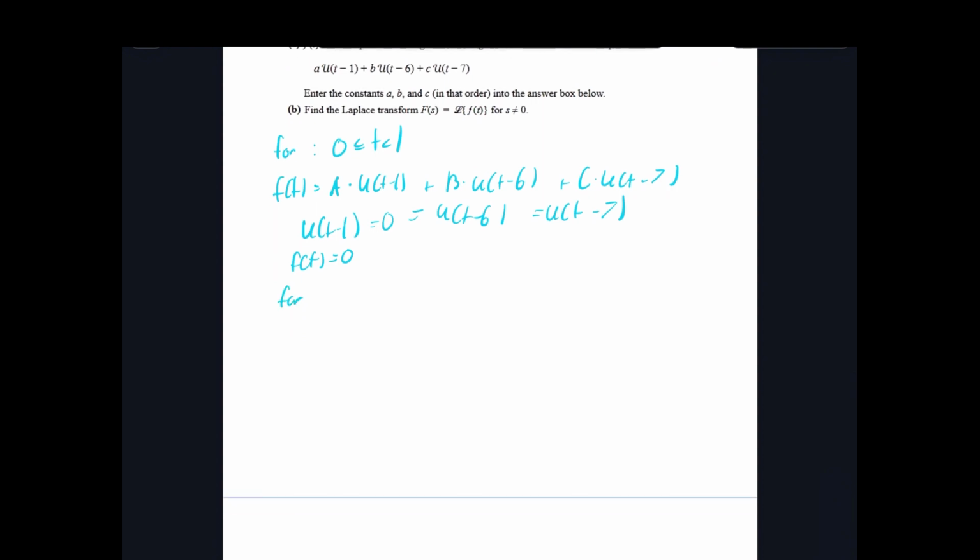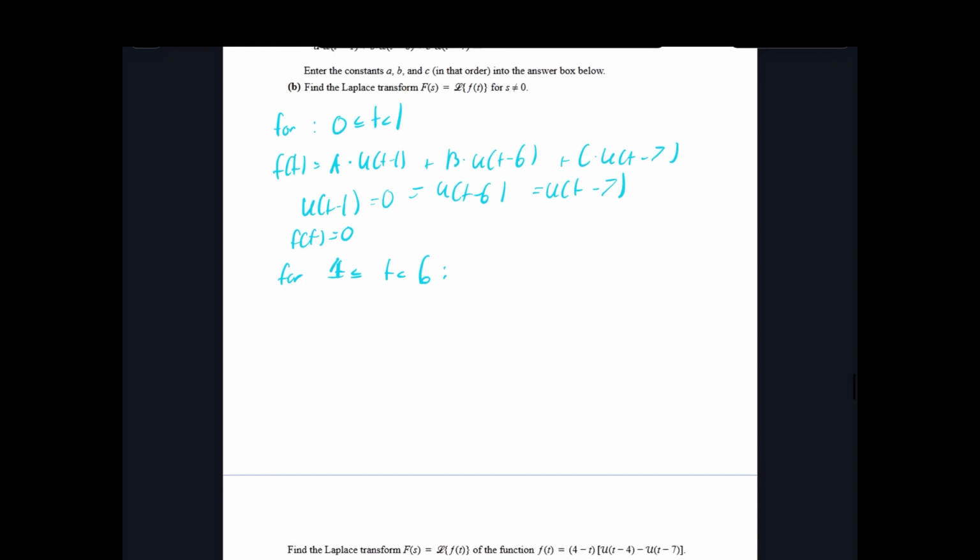For my second one, I'm transcribing as I rewrite my solution. When t is less than 6, u at t minus 6 is not in the range, but my 1 is now satisfied.